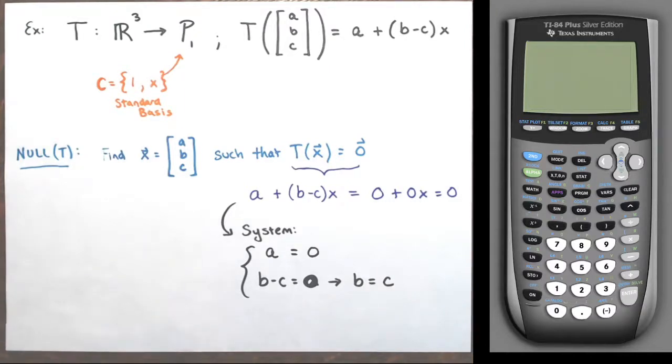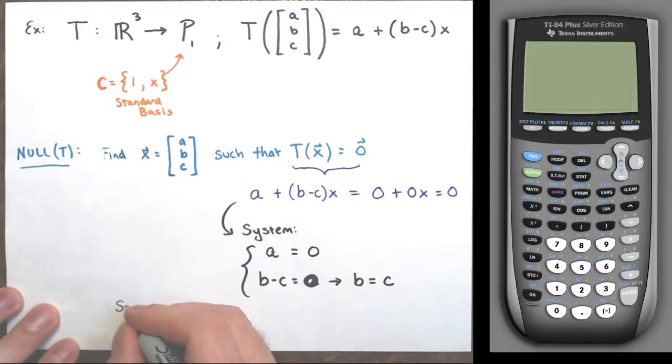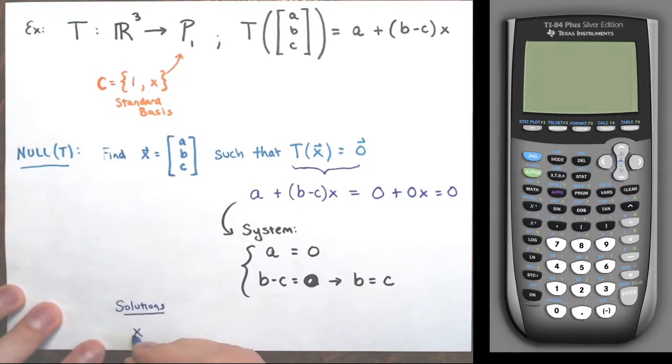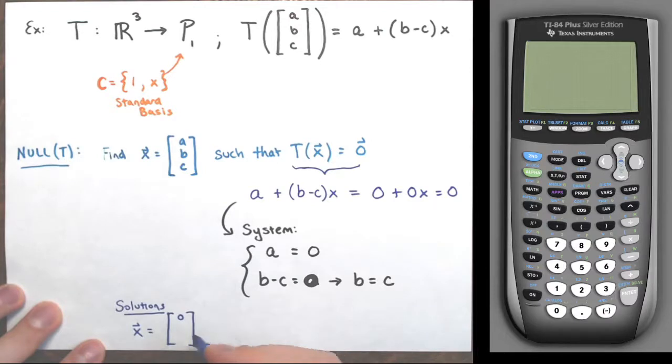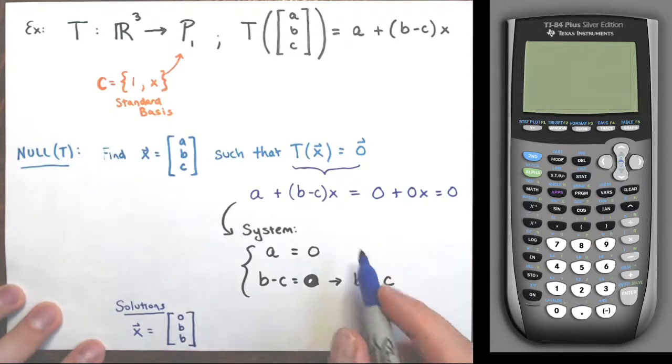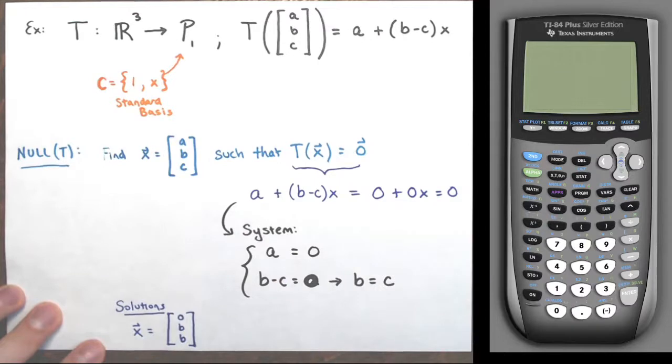So any solutions to this system will look like this. X equals A, B, C, but A must be 0 according to this. So 0 for the first component, and B must be equal to C. So I'll keep that as B and change C to B. B and C, this is saying that the second and third component must be the same in order for you to have a vector that maps to the 0 vector.